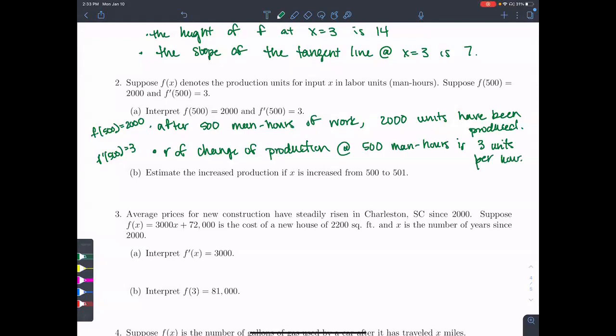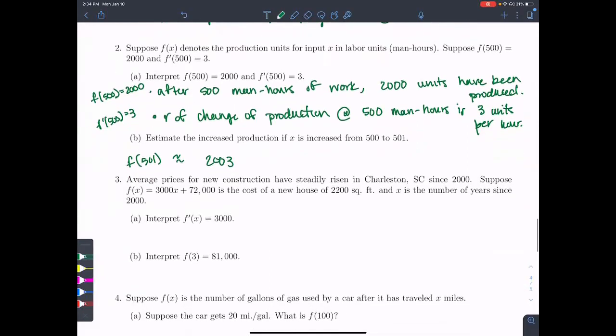So the increased production, if x is increased from 500 to 501, should be 2003. F of 501 would be approximately 2003, because the rate of change is 3 units per hour at that point. So moving from 500 to 501 means you should have increased from 2,000 units to 2003 units.